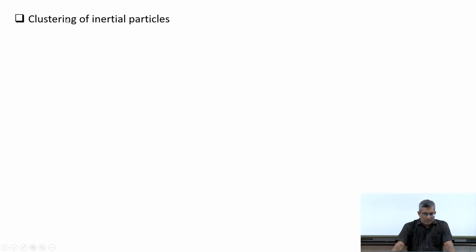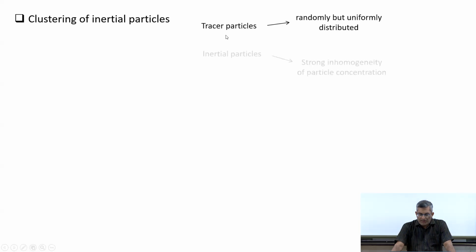We have already discussed this, so just a brief recap of what is meant by clustering and what a particle cluster is. We are already aware that clustering of inertial particles is different from the behavior of tracer particles, which are distributed randomly but uniformly in a flow.